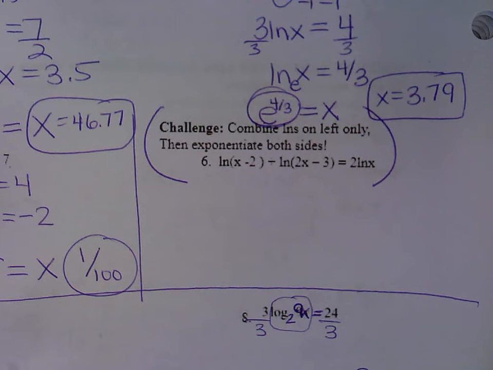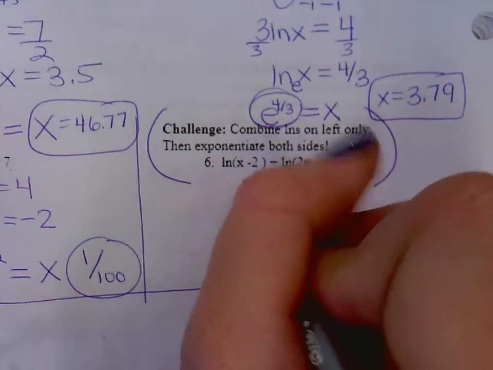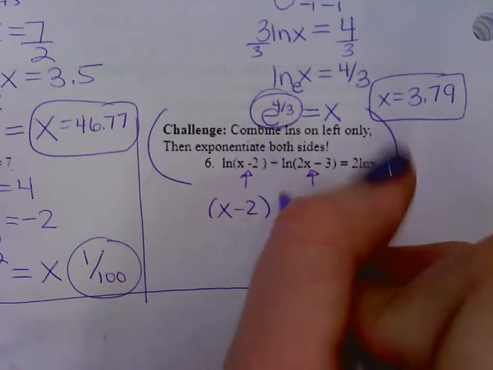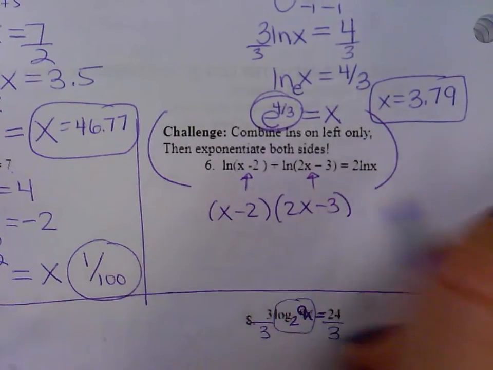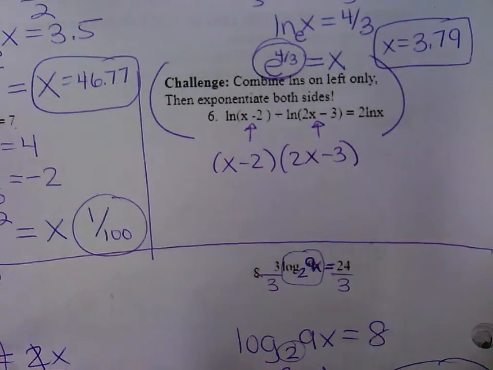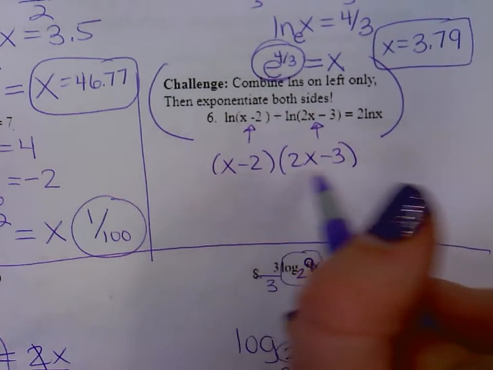Addition is multiplying. So I'm actually going to multiply together the x minus 2 times the 2x minus 3, because it's going to form a quadratic, a binomial times a binomial.